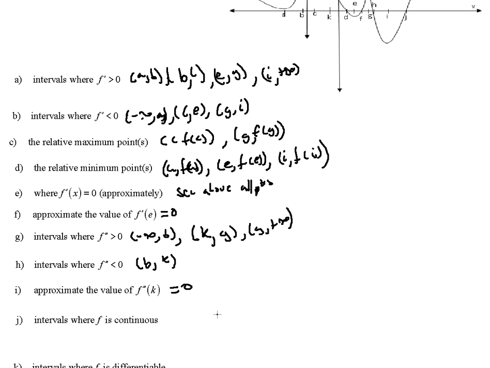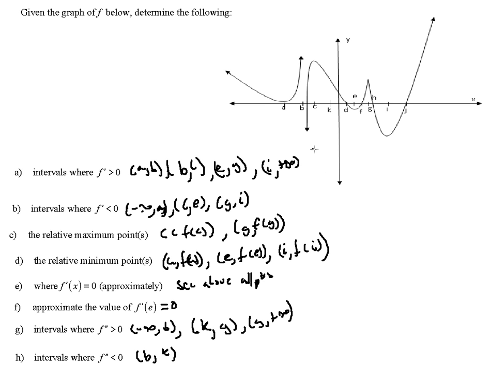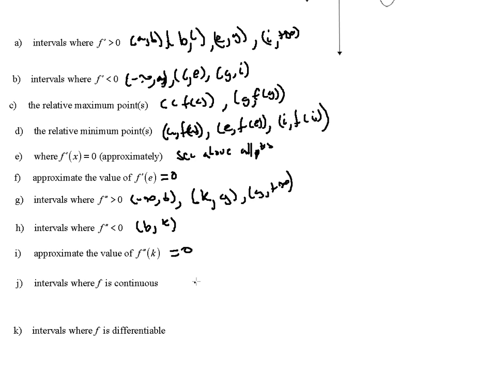Intervals where f is continuous. Well, it looks like to me it's continuous everywhere except B. So I'm going to be cheap here and say all real numbers except the set B. And where is f differentiable?